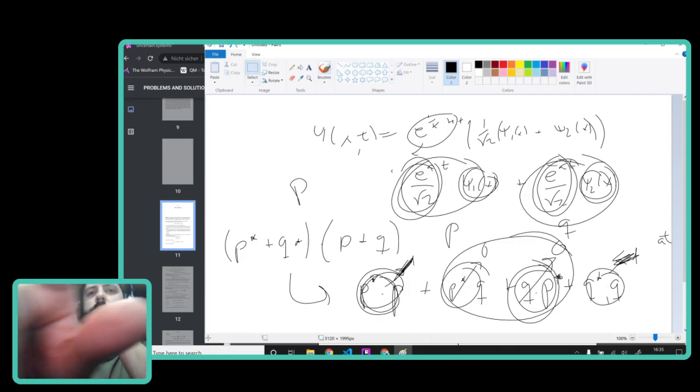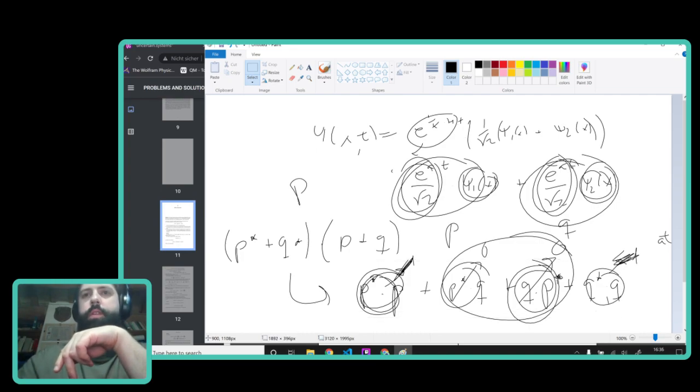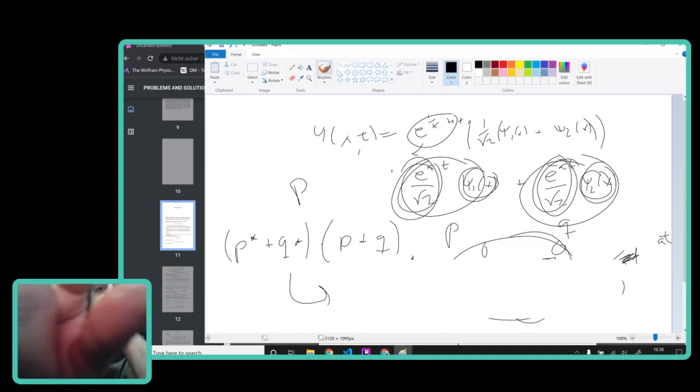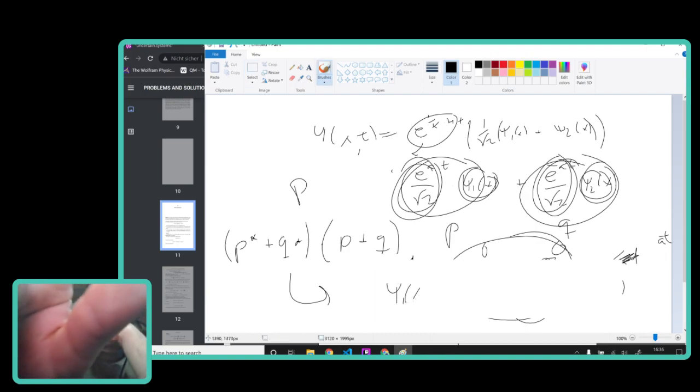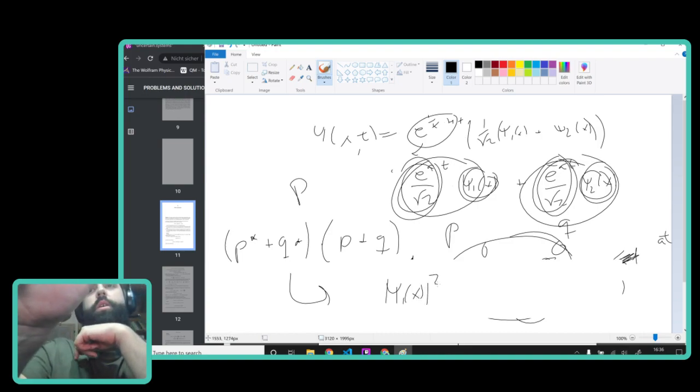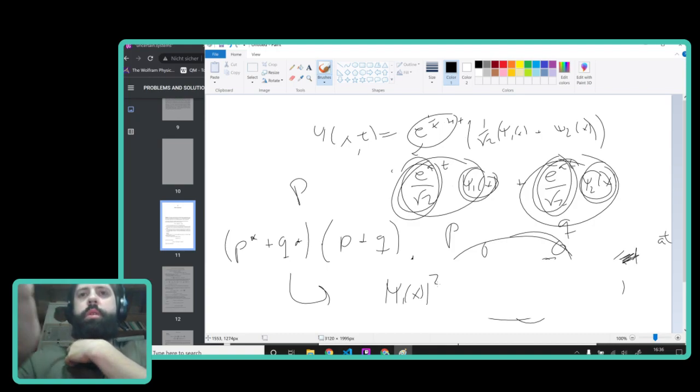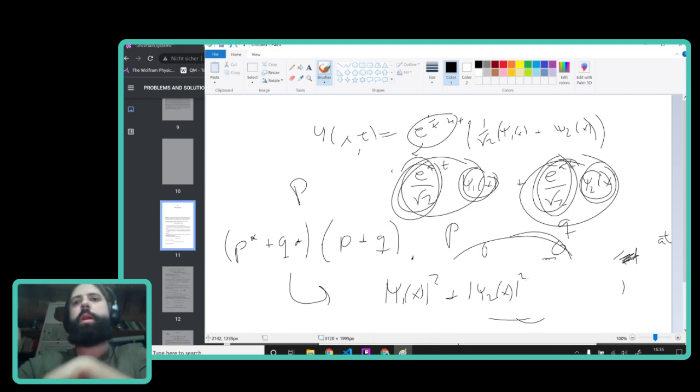Now, when these two things are not zero, let's clear that out again, and we have P transpose times P. So we know this is actually, in this case, just psi 1x squared because the exponential terms cancel out. Then we have the same, this is what we had before, right? So these are time independent terms.